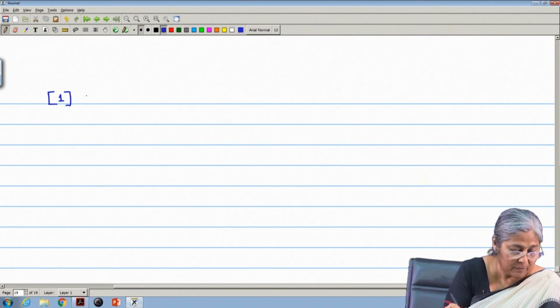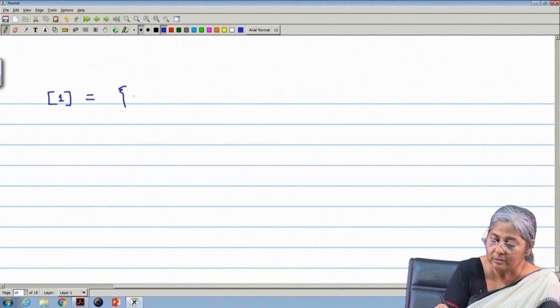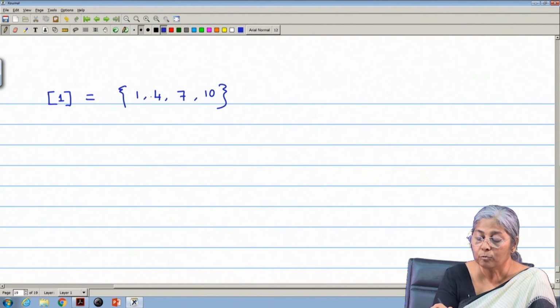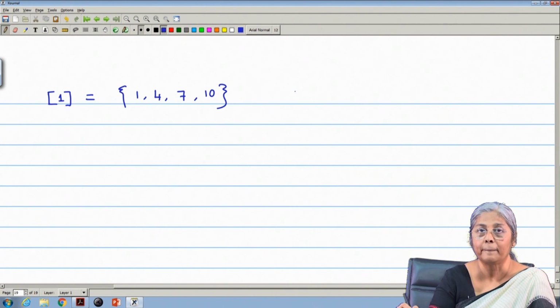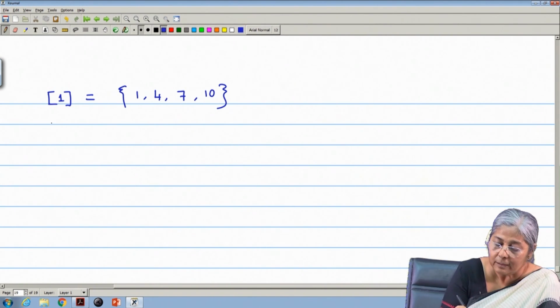Then [1] will be the elements 1, 4, 7 and 10, because 4 minus 1, 1 minus 4, 7 minus 1, 1 minus 7, 10 minus 1, 1 minus 10, these are all divisible by 3. Similarly, what will be my [2]?